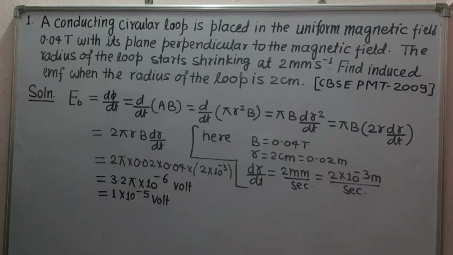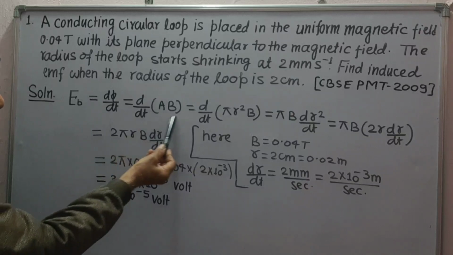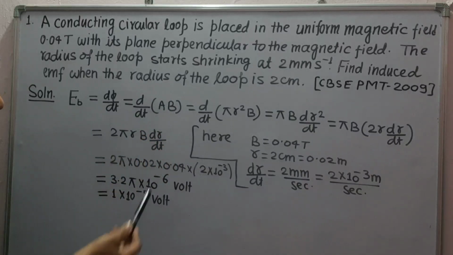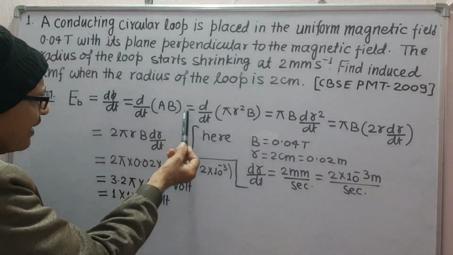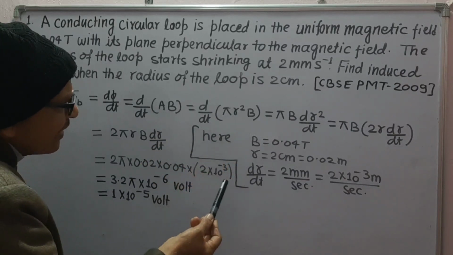Now solution. Back EMF may be written as Eb is equal to d phi upon dt, where phi is the magnetic flux. So, in this case, phi will be equal to A into B. A may be written as pi r square.